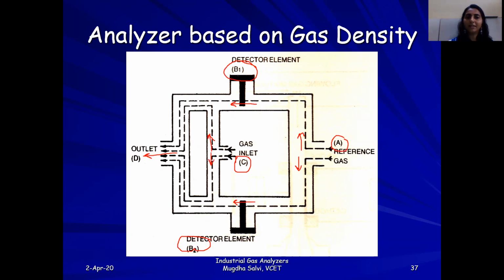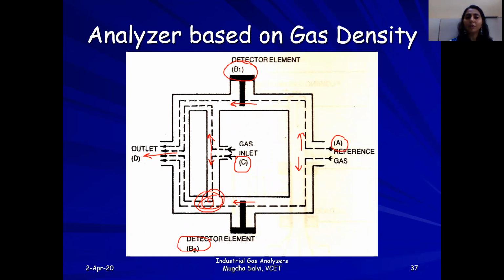Depending on its density, if the density of the sample gas is more than the density of the reference gas, the sample gas gets accumulated at the bottom. I repeat, if the density of the sample gas is greater than that of the reference gas, then the sample gas will get accumulated at the bottom.